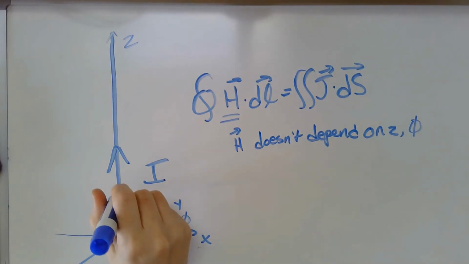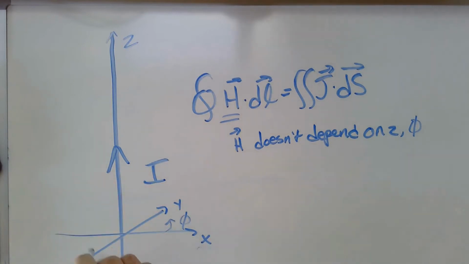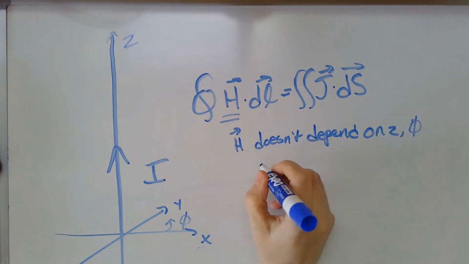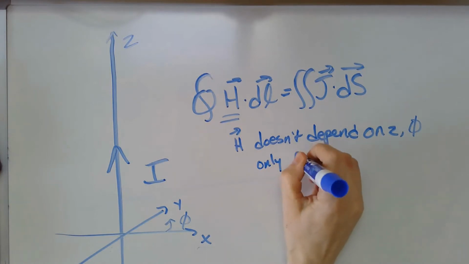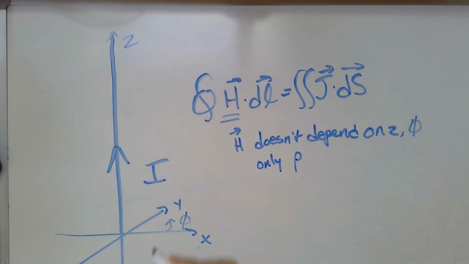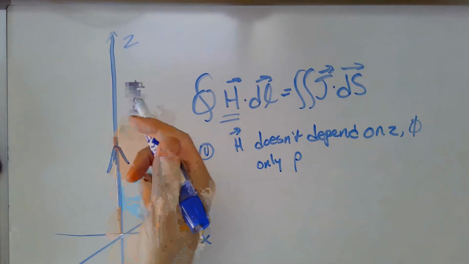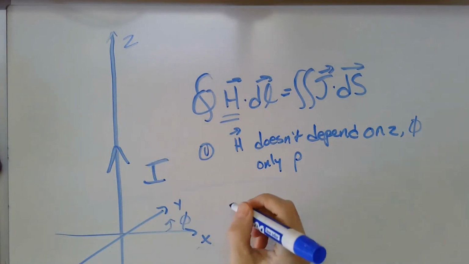But if we moved the wire in radius, or if we moved ourselves away from the wire in radius, we would expect something different to happen. So it does depend on rho. That's step one. Figure out which variables it depends on and doesn't depend on. We also expect that H will only have a phi component in vector direction.